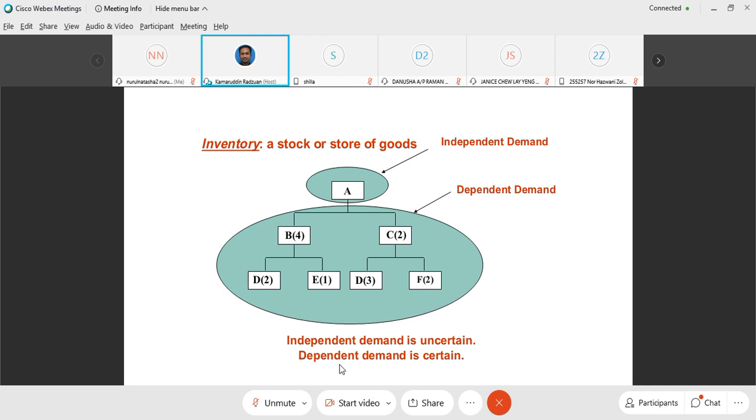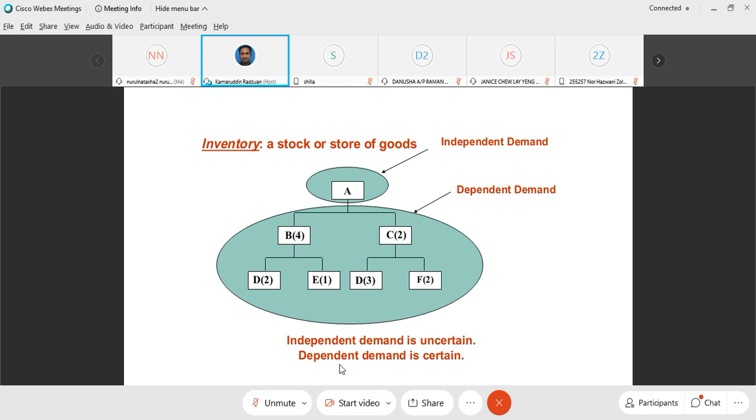Kita belajar MRP system yang mana untuk kita develop MRP system, kita perlu ada product structure tree. Kan? Kita perlu develop juga product structure tree untuk faham dia punya relationship between komponen yang ada. So, product structure tree we have already learned in the production operation management under the topic of MRP system.